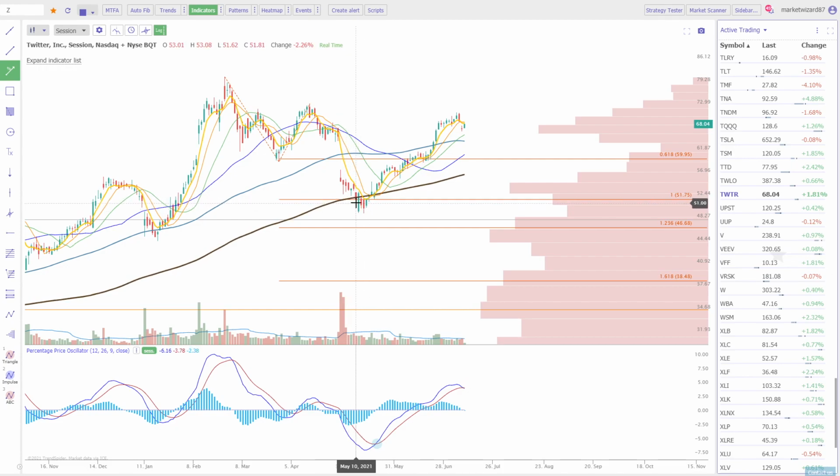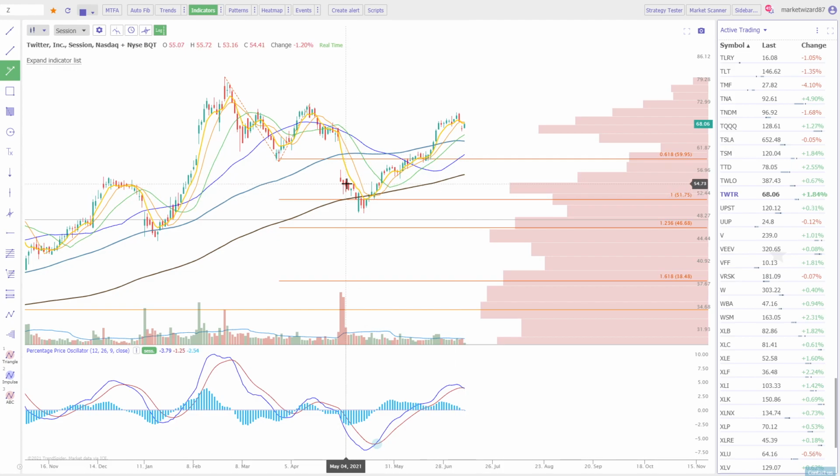So either A, you were a buyer at the 200 where you're going to exit the trade only after weeks of acceptance below the 200, meaning we come down here, we get no rally, we come down to 46, come back up a little bit, the 200 starts to curl down. Okay, that's enough reason to exit.